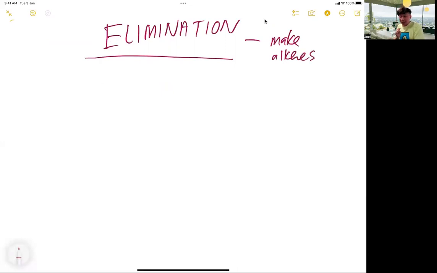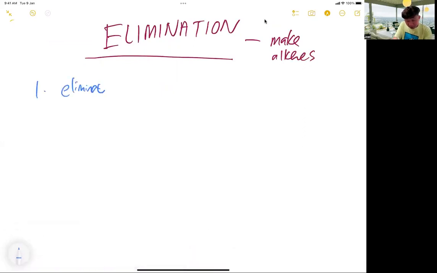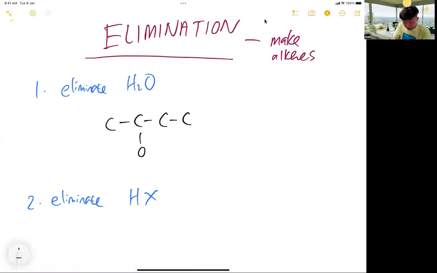But you need to know that there are two variations, which is to eliminate water. Also can eliminate HX. Means what now? So I give you alcohol because of water. So let's say there's an OH. So of course you need to think through it.